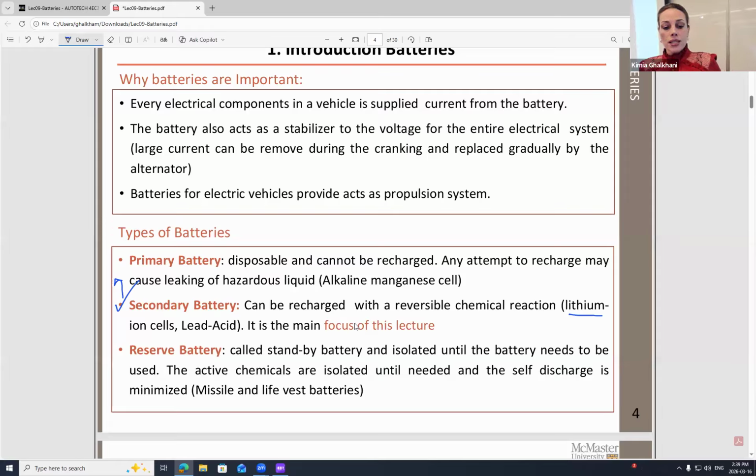So, for example, in secondary or rechargeable batteries, one of the most important and maybe the best-known common types are lithium-ion batteries. They have different applications, including your cell phone, laptop, and of course, even automotive applications.